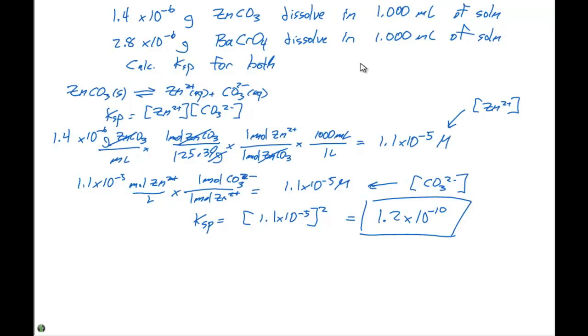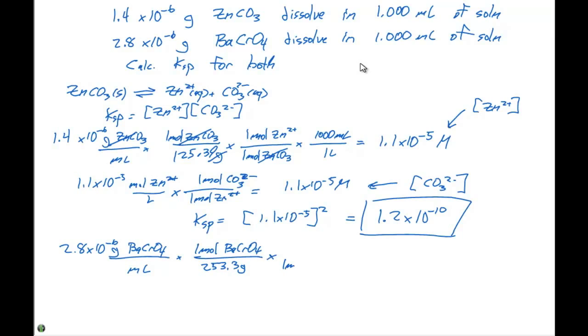We can do the same type of calculation for the barium chromate. We take 2.8 times 10 to the minus 6 grams of BaCrO4 per milliliter. We know that 1 mole of barium chromate has a molecular weight of 253.3 grams.